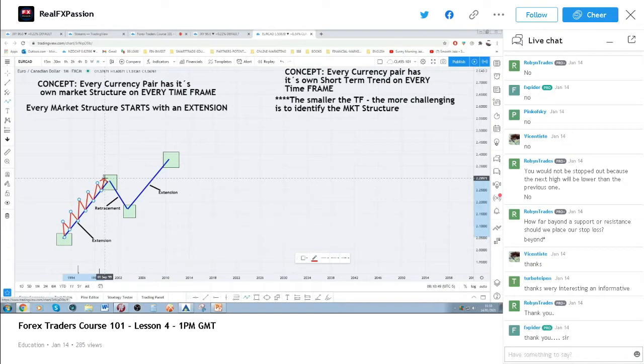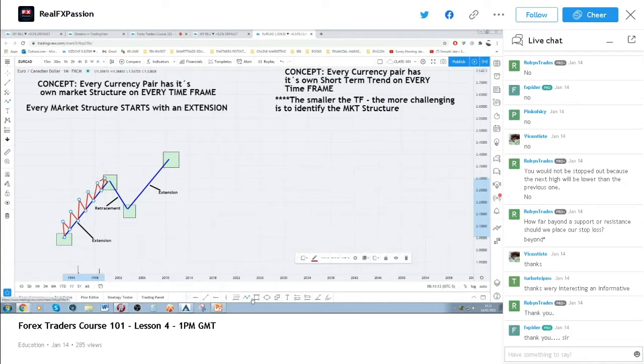because the market must wave, it must retrace, the short-term uptrend is going to change to the what? To the short-term downtrend, correct?